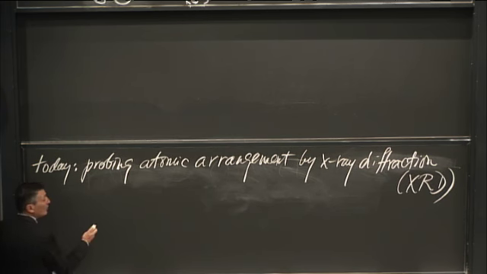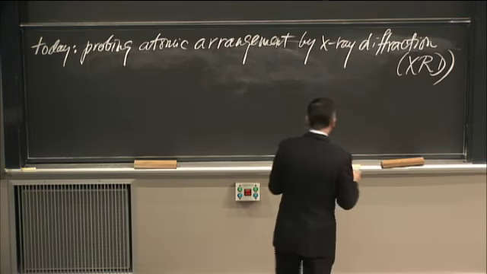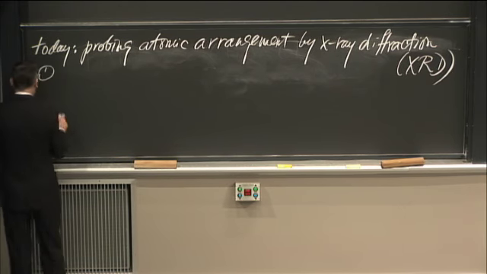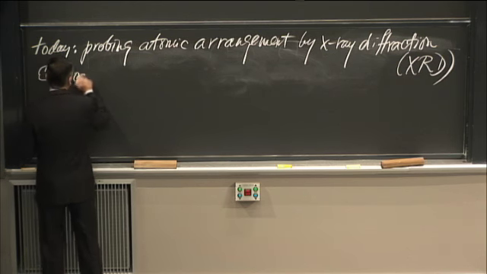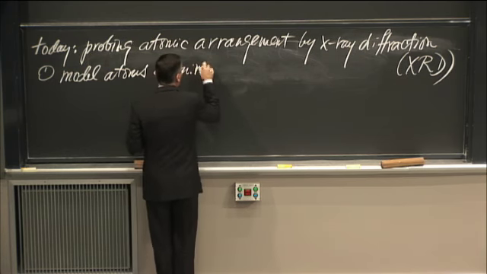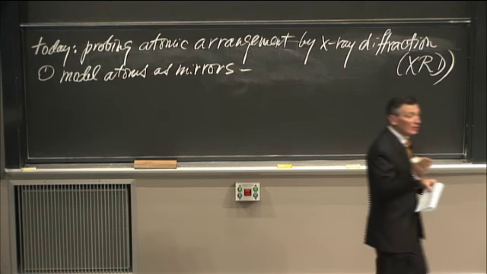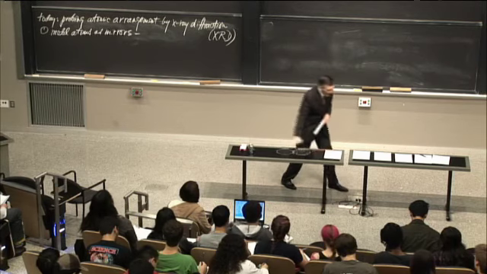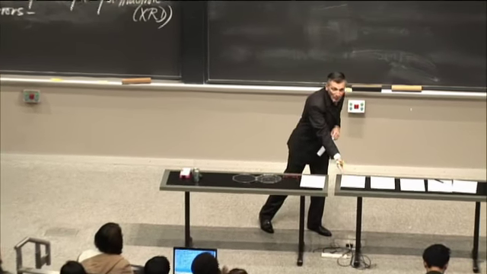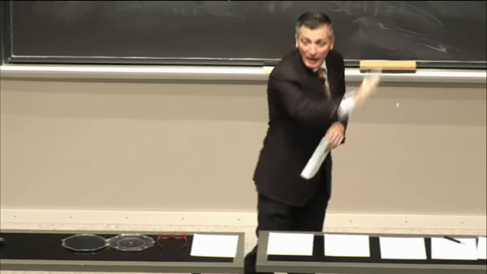So the first thing I want to do in constructing a model that will allow us to use X-ray diffraction is to model the atoms as mirrors. Well, that's the first assumption that we make. We model the atoms as mirrors. And when we model the atoms as mirrors, this means that we will invoke the laws of specular reflection. So if this tabletop is a plane of atoms and I have a beam coming down at an angle, laws of specular reflection say that the angle of incidence will equal the angle of reflection.